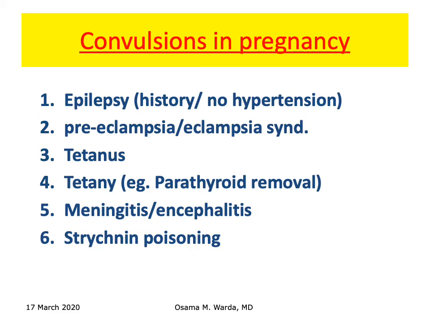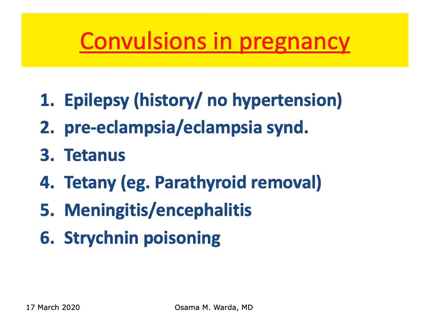Convulsions in pregnancy may be due to epilepsy with a history, with no hypertension and no proteinuria, preeclampsia-eclampsia syndrome that starts after the 20th week of gestation. There is hypertension with or without proteinuria. It may be due to tetanus infection with the tetanus organism, or it may be due to hypocalcemia that may cause peripheral tetanic movements.